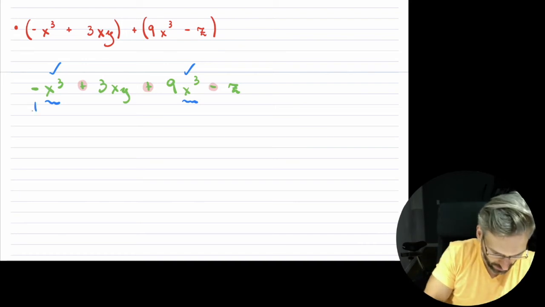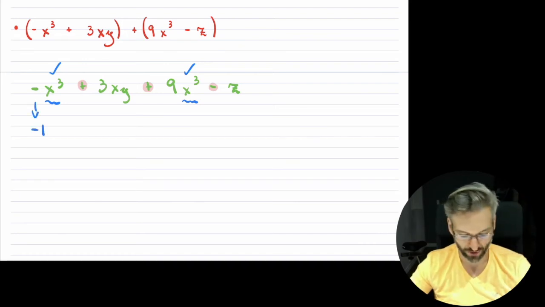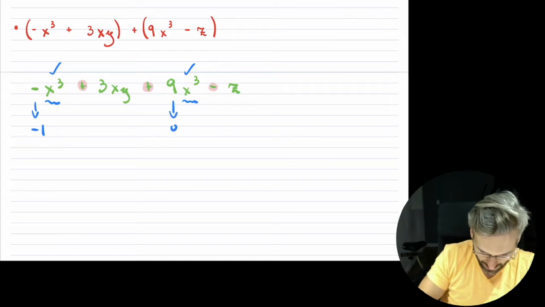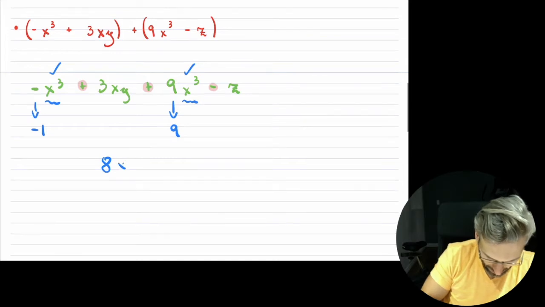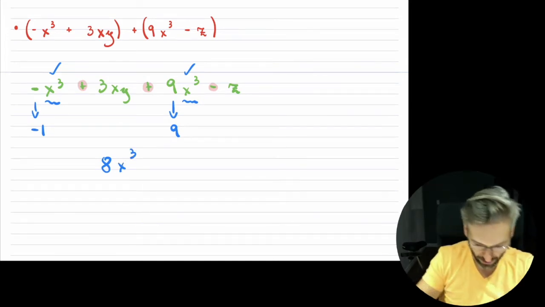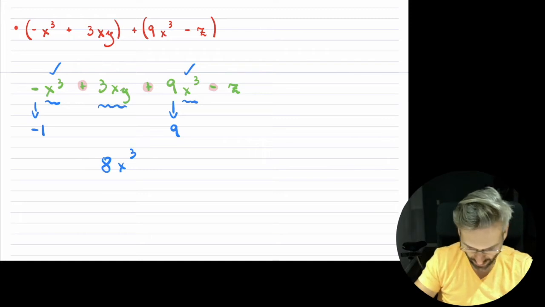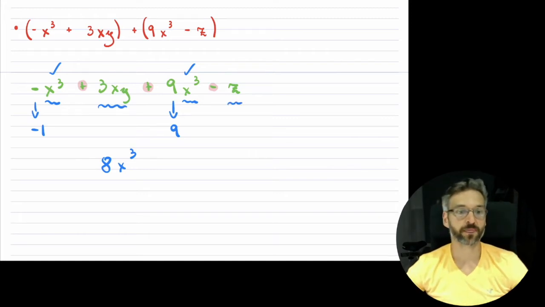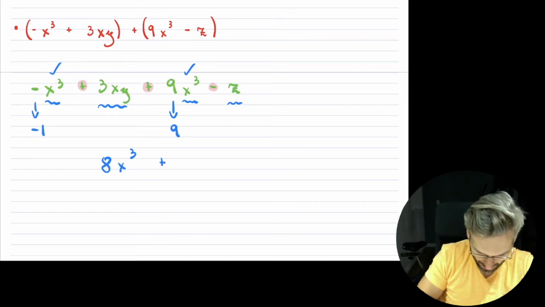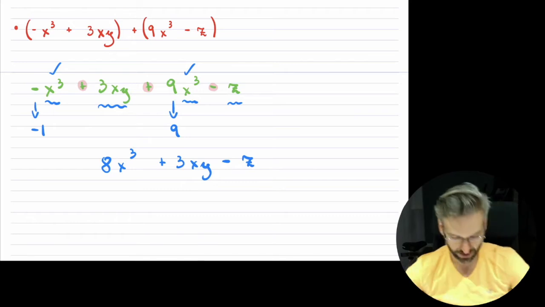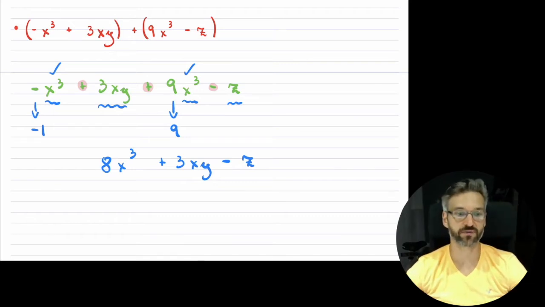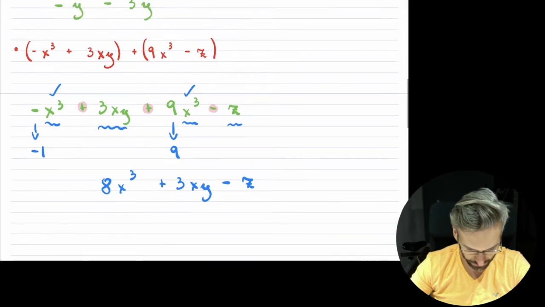This is a negative 1 in front, plus the 9 which is right here, so that's going to be 8x cubed. Unfortunately, I can't do anything with this xy and this z. I can't collect them anywhere else, and when that happens, all you can do is simply leave them. So now we have a polynomial left in simplified form with 3 different terms, and that's as far as we can take that one. So that's the second example.